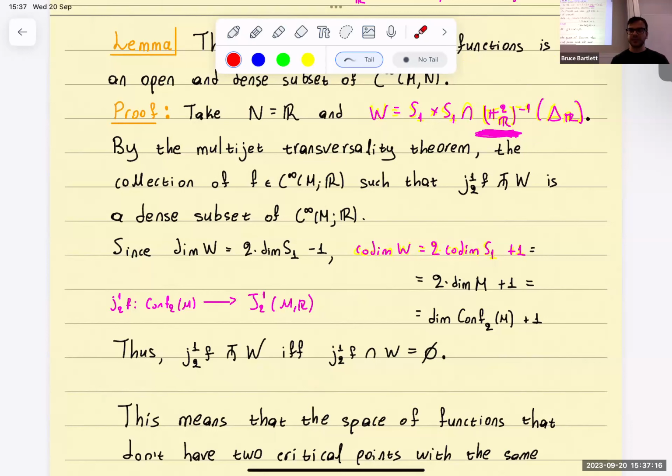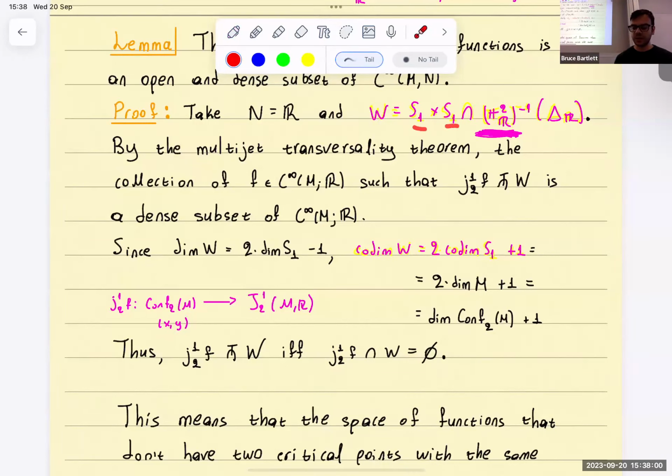J12F is a map whose input is the configuration space of 2 points in M. So what it takes as input is x comma y, where x and y are different points in M. And the output is going to be something in W. Being in S1 cross S1 means that both of these points are critical points, that is, the derivative of f at those points vanishes.